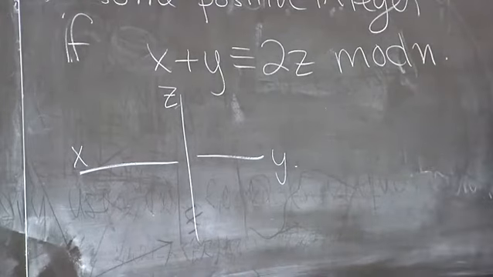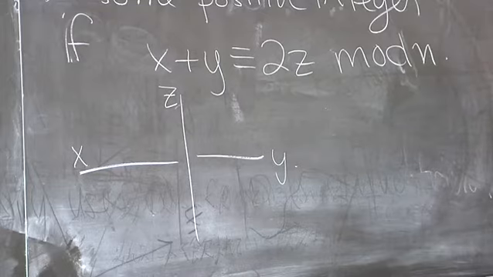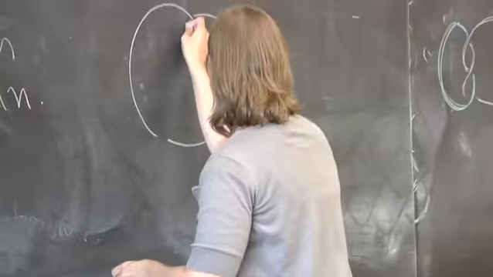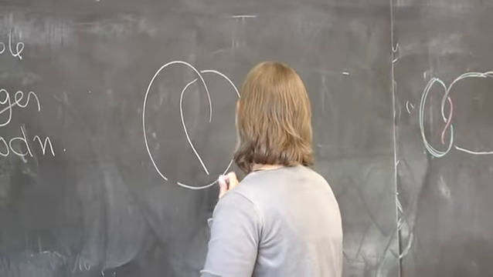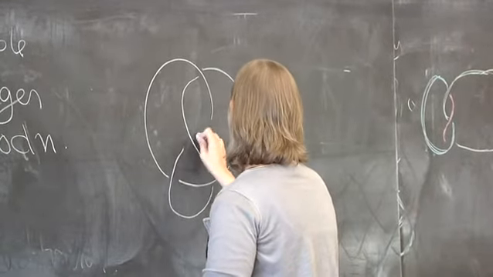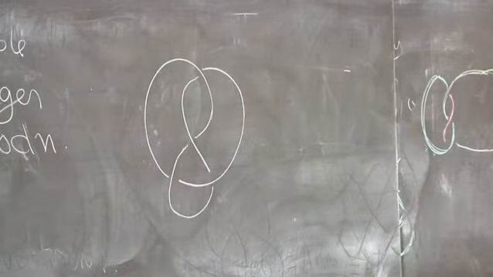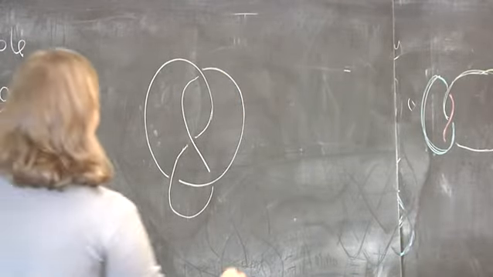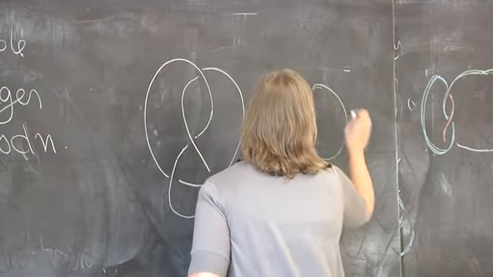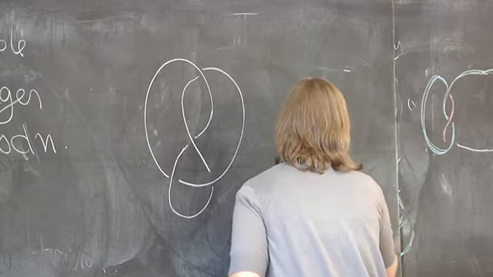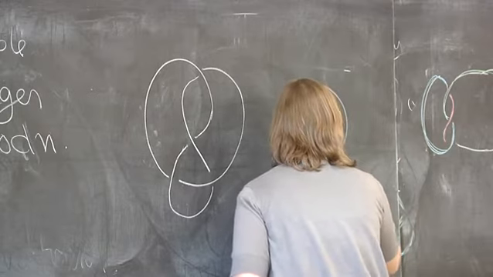Okay, so if we look at this guy, we know he's not 3 colorable. We know this one's not n colorable for any n, not, I guess, non-trivially n colorable.